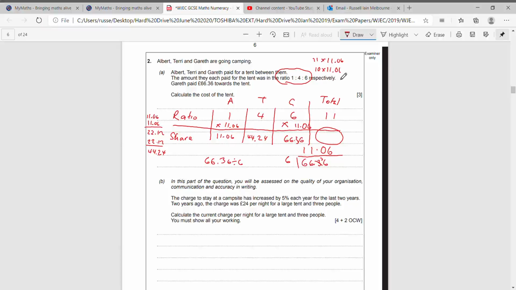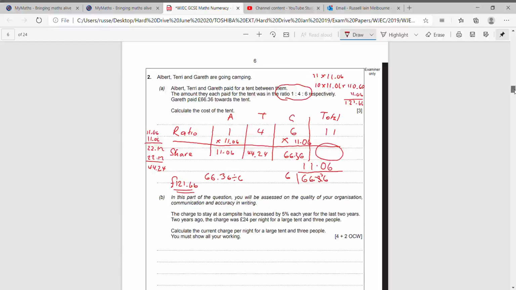I'm going to do that by first doing 10 times £11.06, which is just £110.60, and I'm going to add £11.06 for the 11th one on there, which gets me £121.66. So my answer, and I'll make it clear, is £121.66.